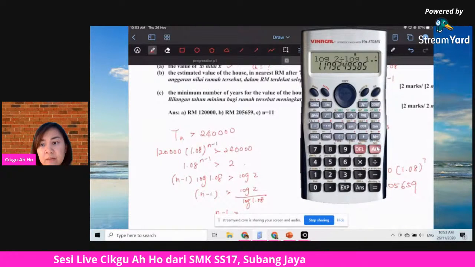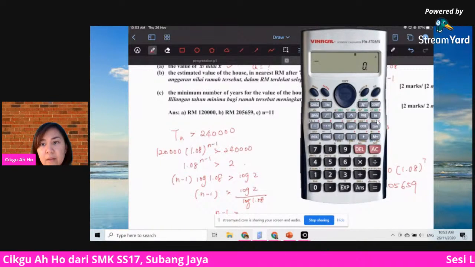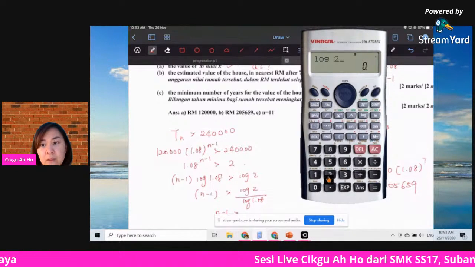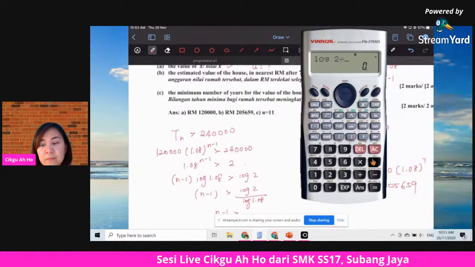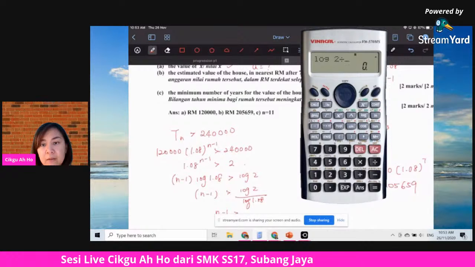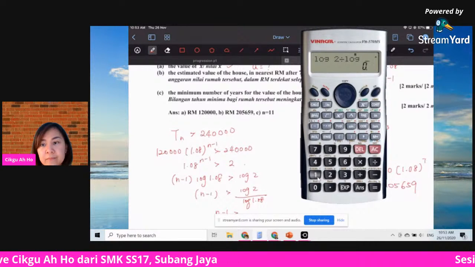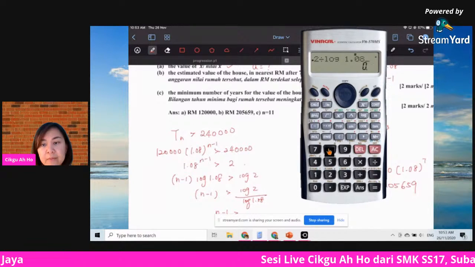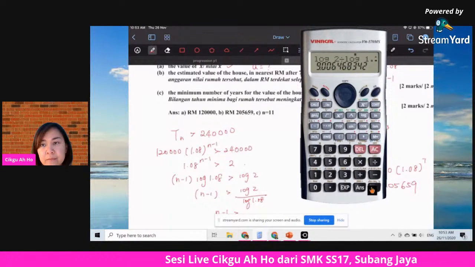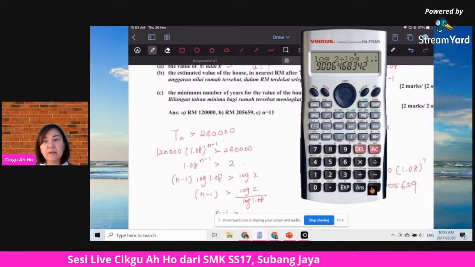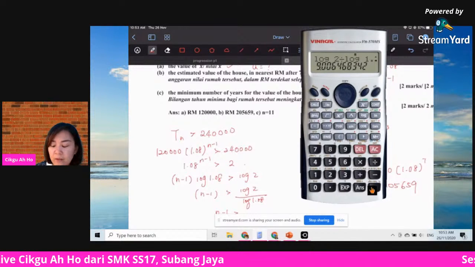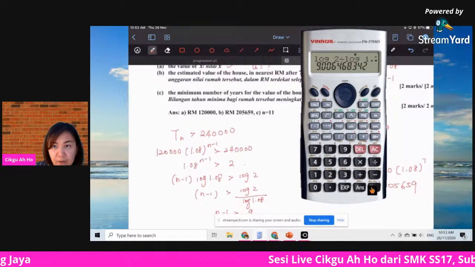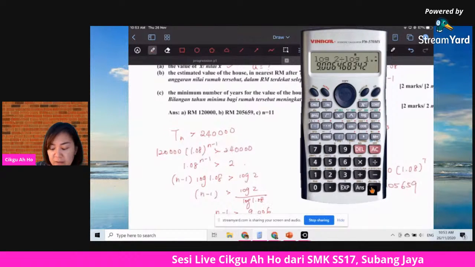Wait. Okay, log 2, it didn't come out. Okay, divide by log 1.08. Okay, I was wrong just now. That's why I was wondering why the value is different, why so small. I pressed the wrong button, teacher. Okay, it's 9. 9.006. Consider it 9, the decimal.